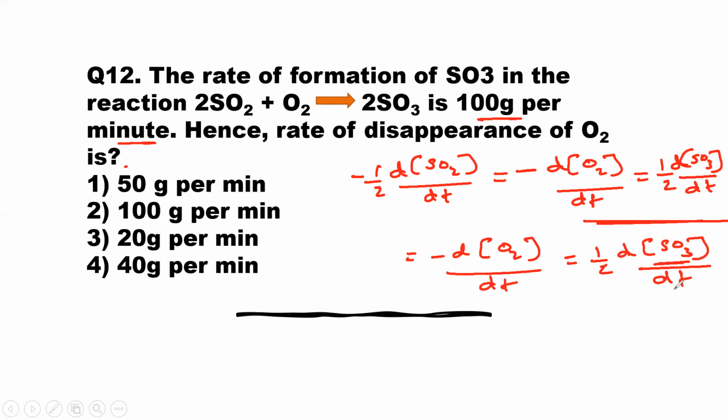So mass per time. So we know concentration, molarity, is equal to number of moles by volume of solution in liters, into 1000. I'll write in liters so that it will be easy for us.